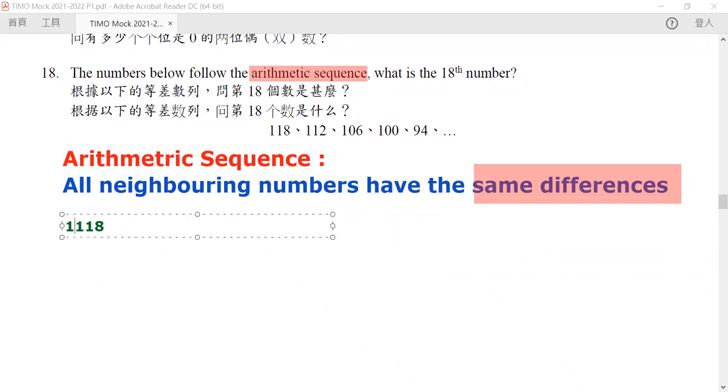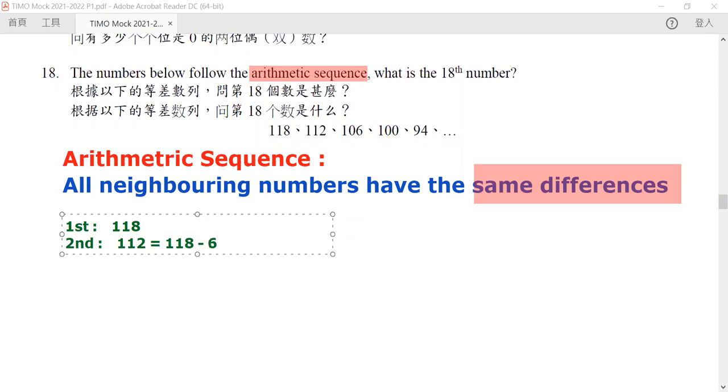So our first number is equal to 118, and our second number is equal to 112. But what is 112? 112 is equal to 118 minus 6, right? Because they have a difference of 6. Our third number is equal to 106.